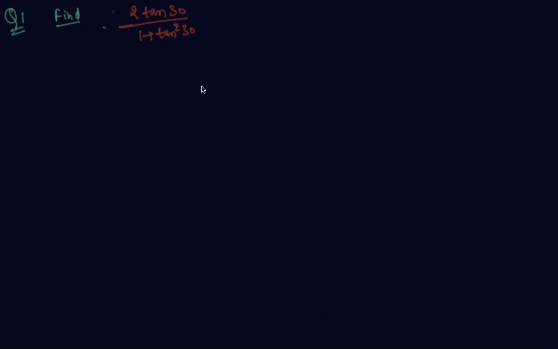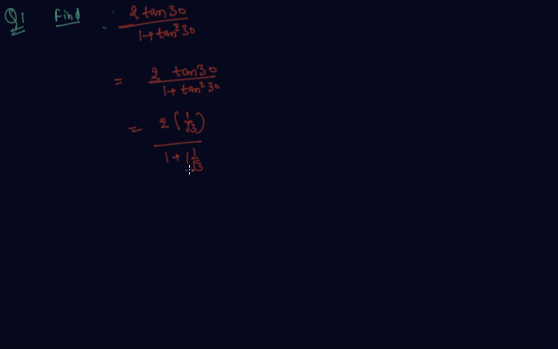So here is the question, guys. We have to find the value of 2 tan 30 upon 1 plus tan square 30. From the table you can see that the value of tan 30 is 1 by root 3. You should remember this by heart.